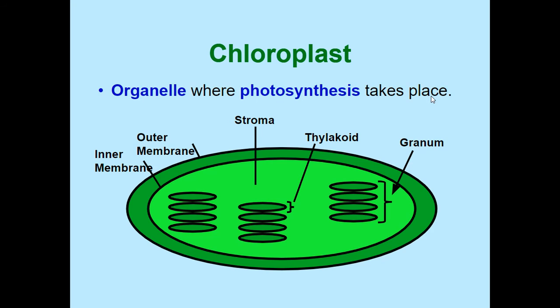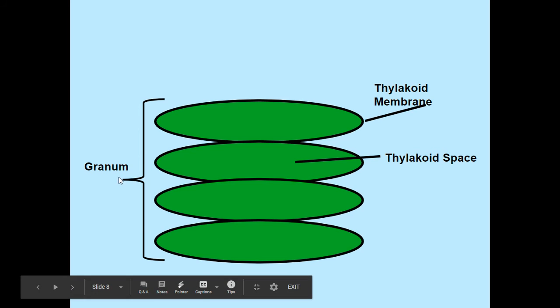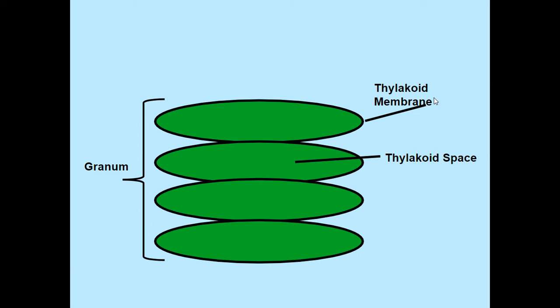And if we look even closer, if you remember, this is the organelle in which photosynthesis takes place. The chloroplast is. Okay. So if we look even closer at a stack of thylakoids, at a granum, we see that each thylakoid has a thylakoid membrane around it, and then the inside is called the thylakoid space. Okay?